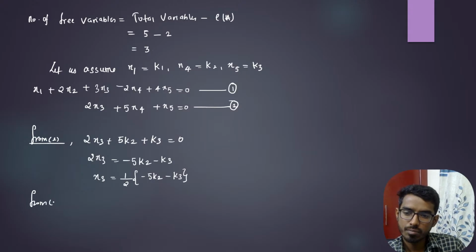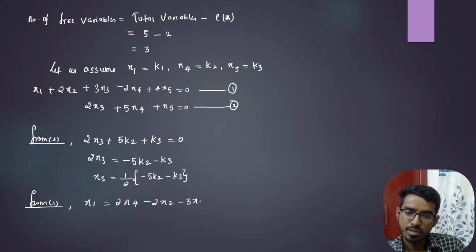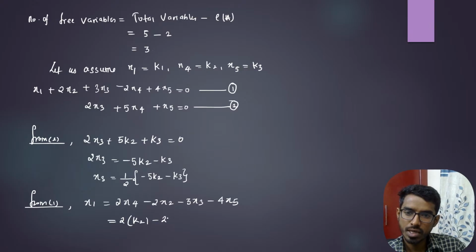And from equation 1, we have x1 equal to 2 times x4 minus 2 times x2 minus 3 times x3 minus 4 times x5.